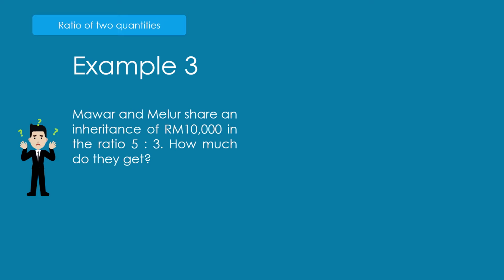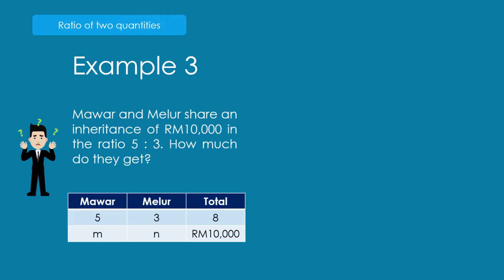For the third example, the question is: Mawar and Melo share an inheritance of 10,000 ringgit in the ratio of 5 to 3. How much do they get? So the ratio of Mawar to Melo is 5 to 3, which means the total of ratio is equal to 8.